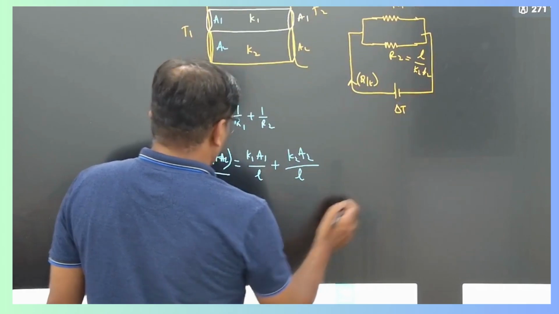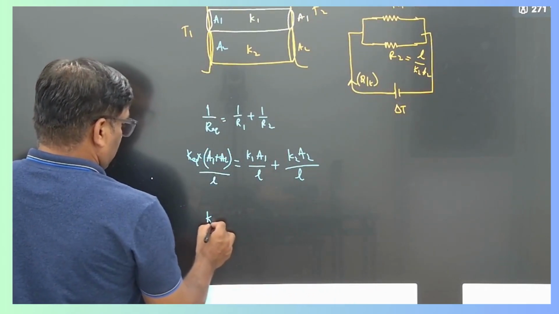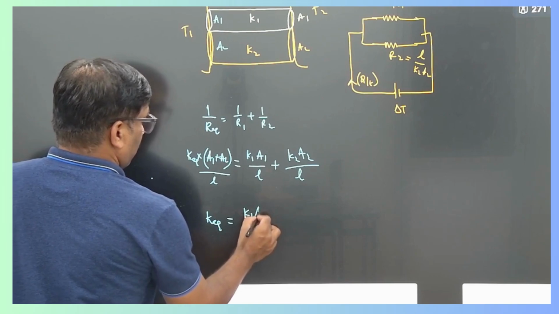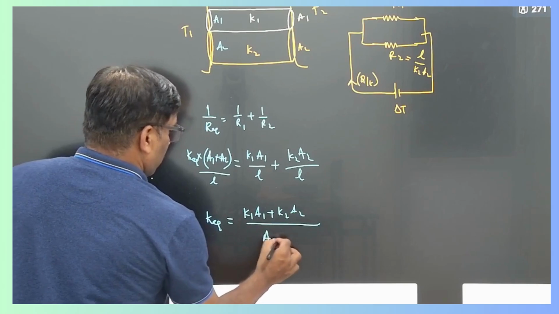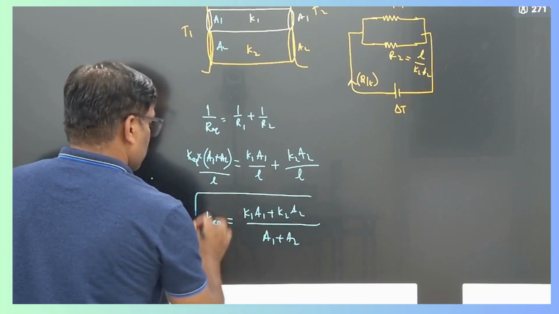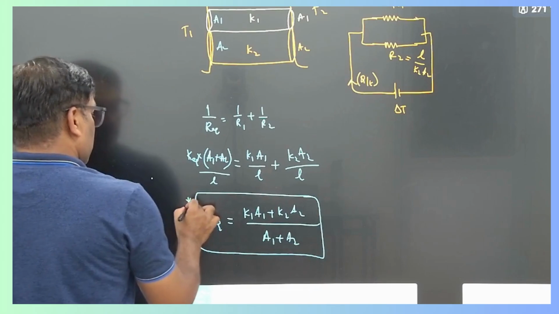Then K equivalent is K1 A1 plus K2 A2 by A1 plus A2. So this will be your K equivalent.